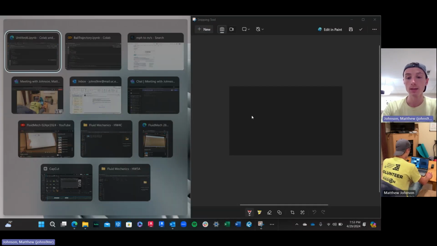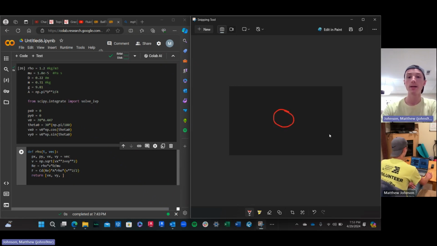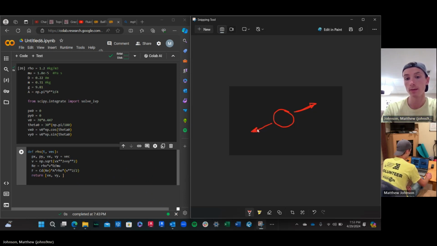So if we have our ball, and maybe it's moving in this direction, right? The drag forces on the ball are always going to oppose the direction of the ball's travel, no matter which direction it's traveling.